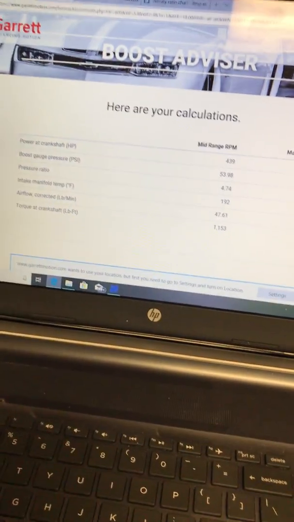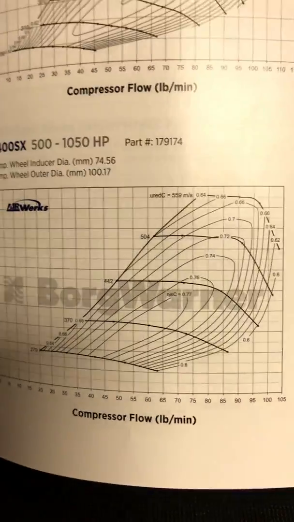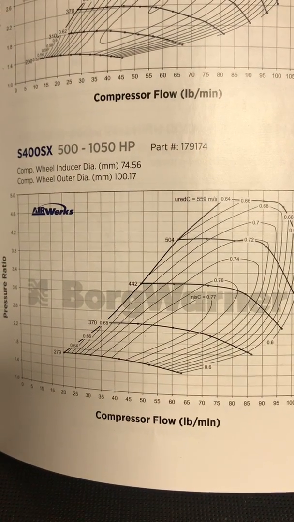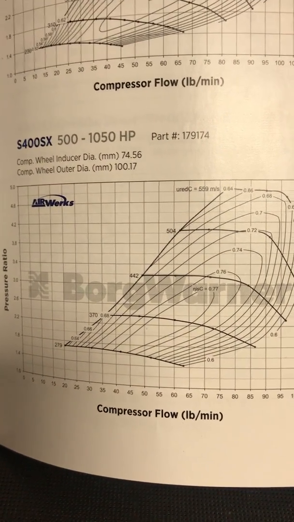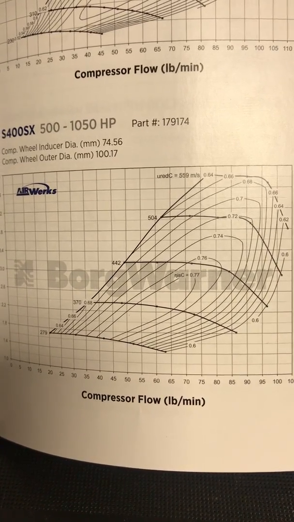So we talked about the 75 millimeter compressor, and this is the 400 SX, so this is not the fancy 10 blade billet. This is just your basic.